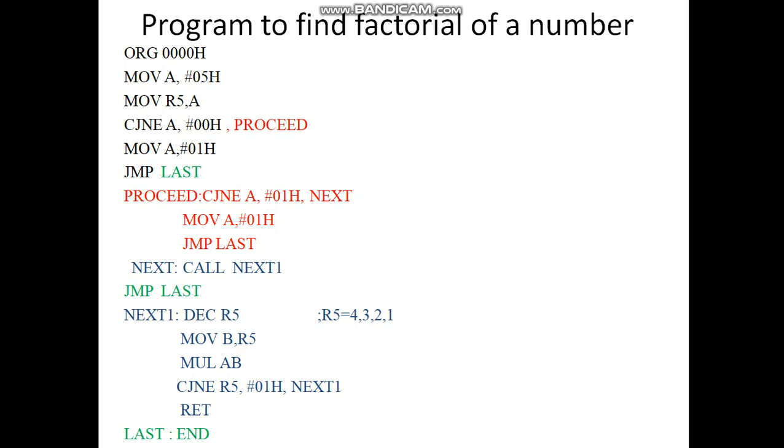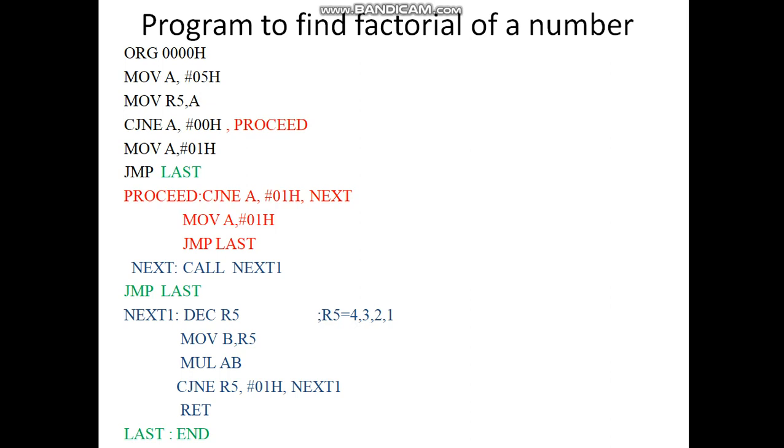First we need to multiply the number with 4. 5 has to be multiplied with 4. Previously, whatever value is there in A register is stored in R5 register. Now R5 has to be decremented by 1, so it becomes 4. Then we load that value to B register.